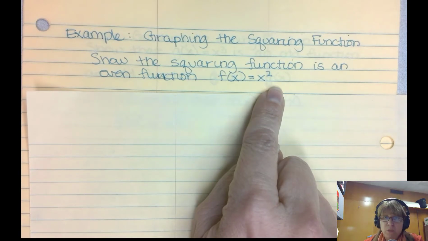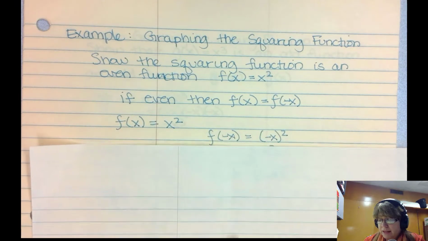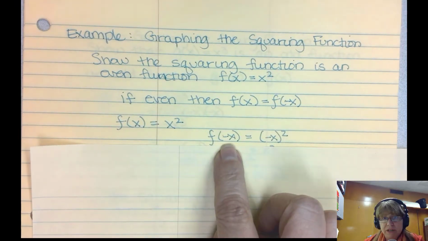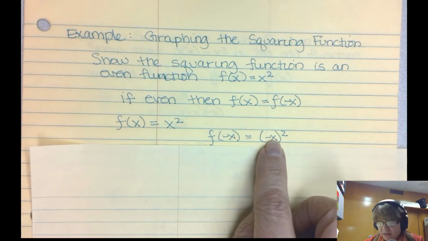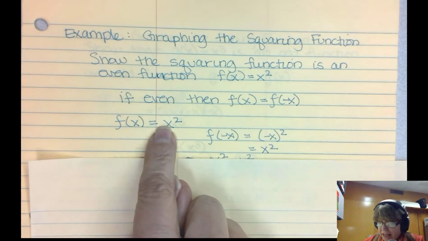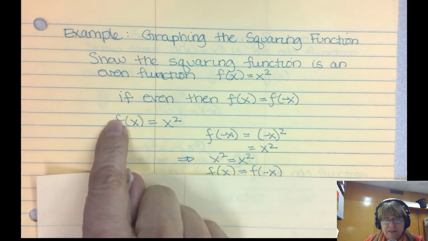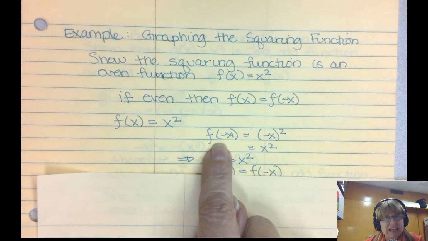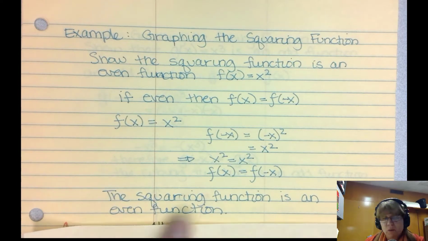We need to figure out what f of negative x equals. F of negative x would equal negative x squared, and negative x times negative x is positive x squared. And I know x squared equals x squared, and therefore f of x must equal f of negative x. Therefore we have now shown that the squaring function is an even function.